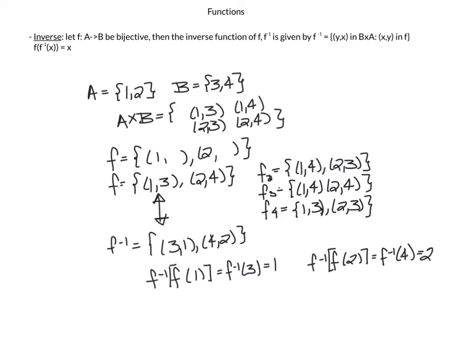So I'm going to take this function here. And actually, these 3 functions here are also valid. Those are all the functions you can get out of A and B.